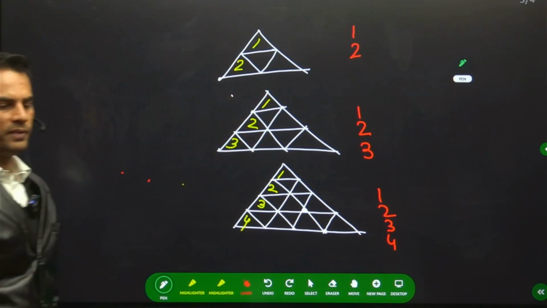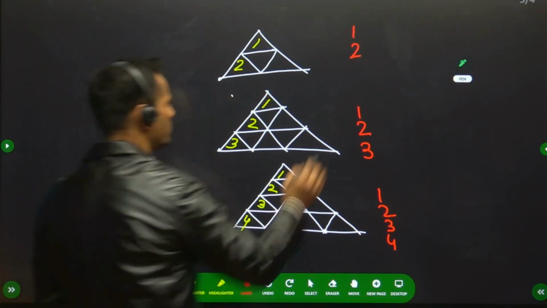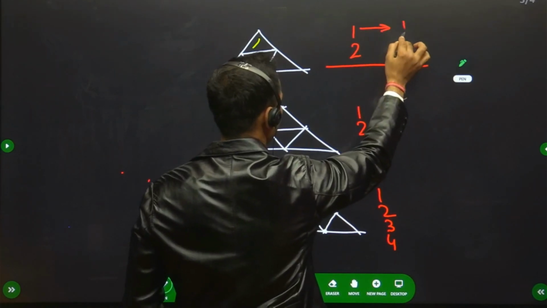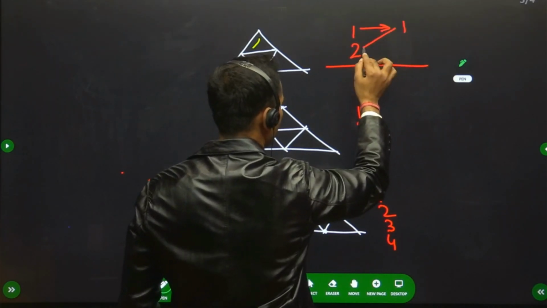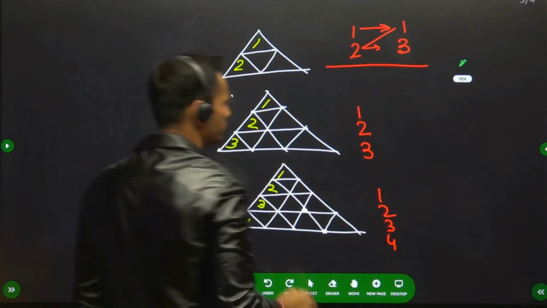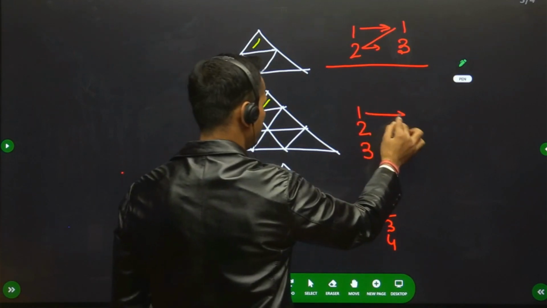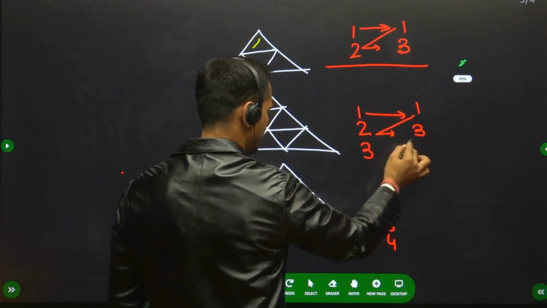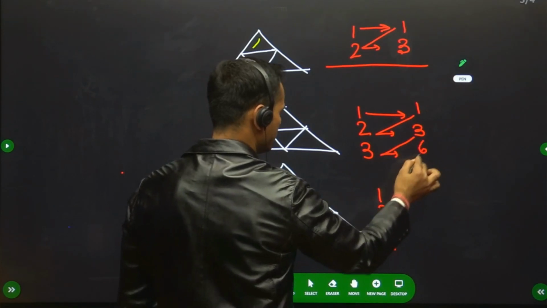Now what? After writing these corner triangles, you take a cumulative score. Repeat this one and take the cumulative score. Add 2 to it. 1 plus 2 will give you 3. Next, add 3 to it, you will get 6.